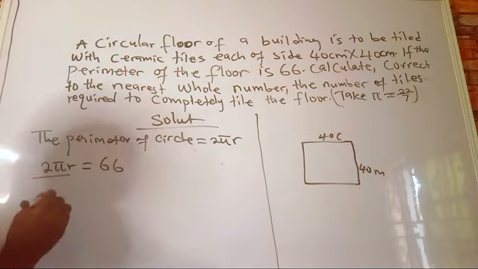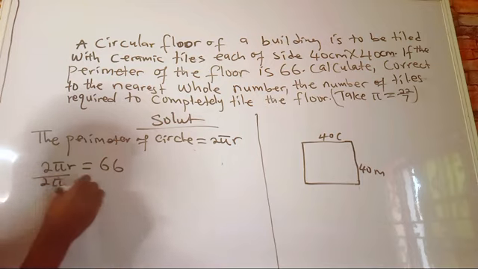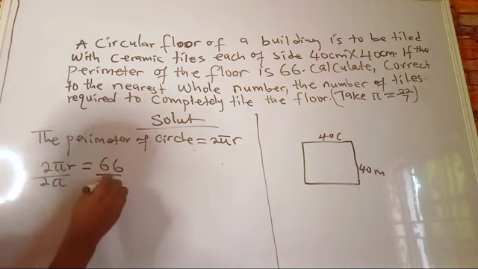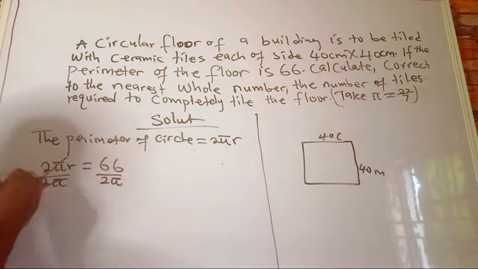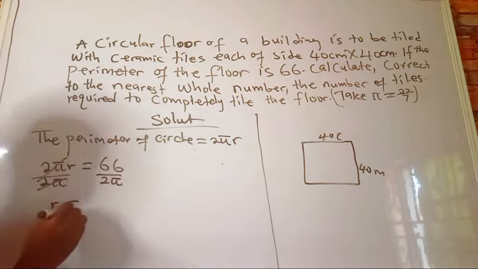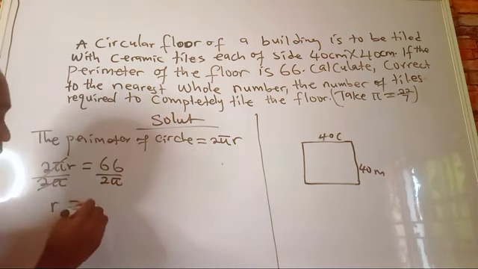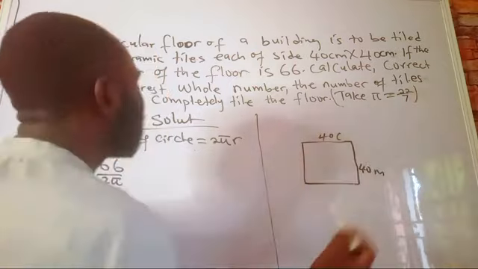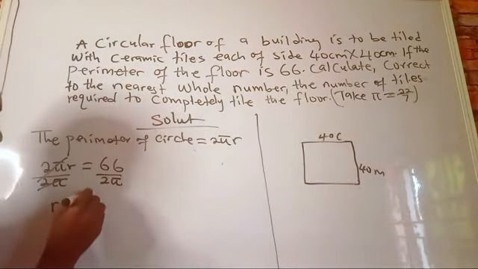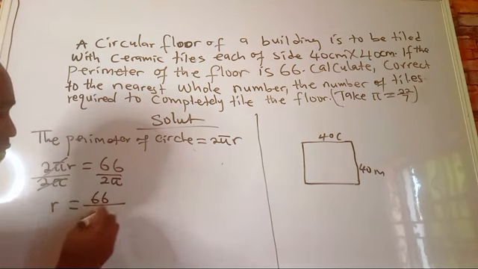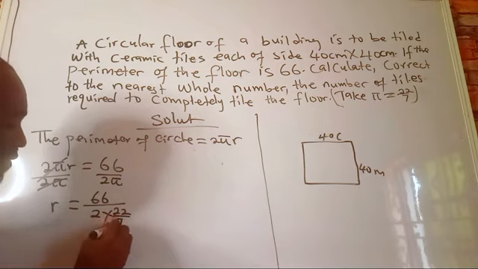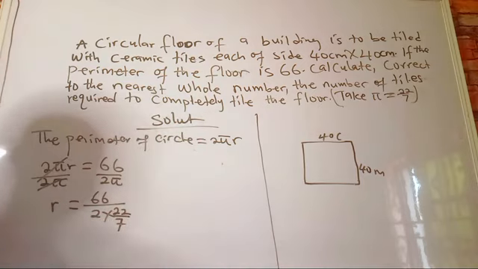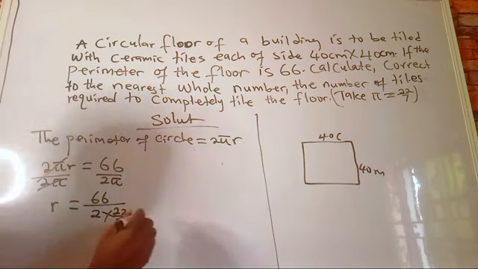We are going to divide both sides by 2π, so the π cancels. You have r is equal to 66 all over 2π, and from the question, π is given as 22 over 7. So that would be 66 all over 2 times 22 over 7.